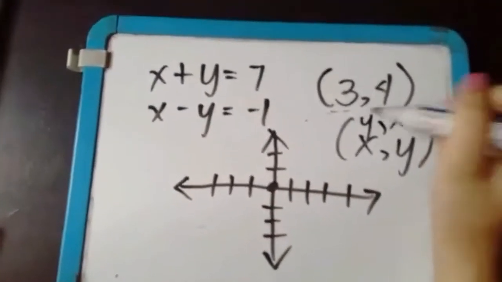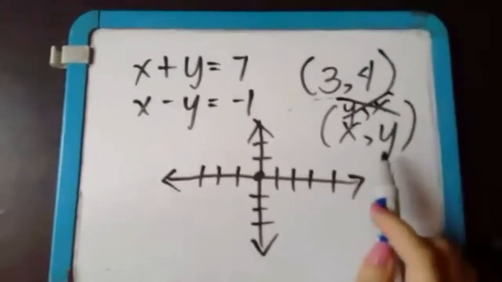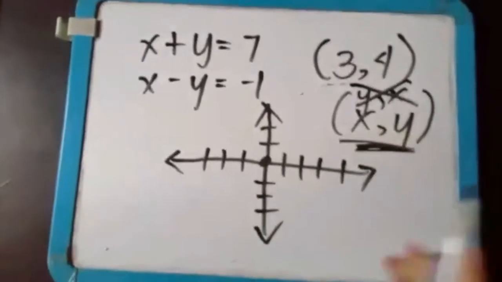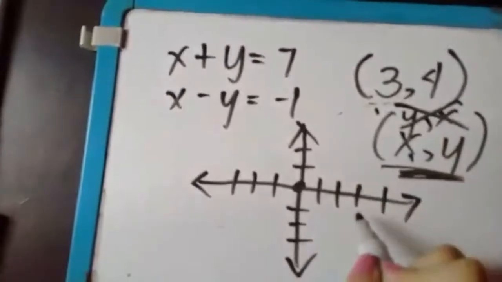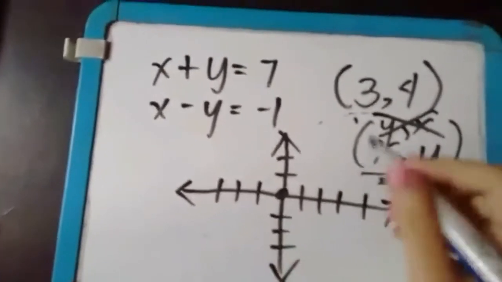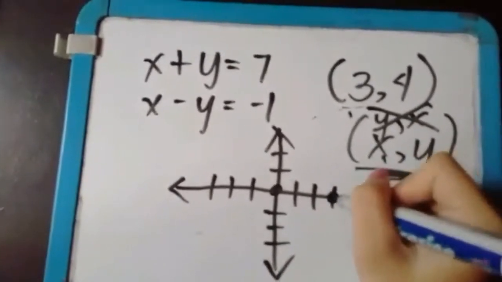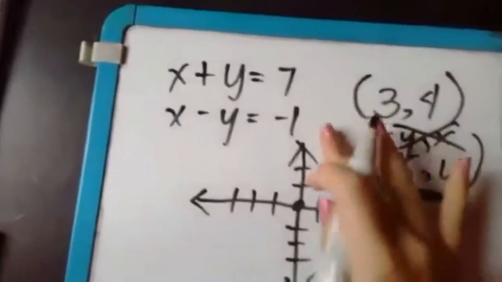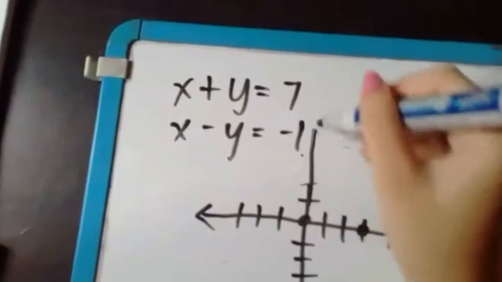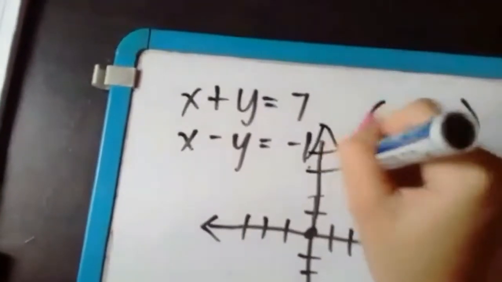It's wrong because we just have to follow this one because it is correct. So x is 3, and since it's positive, it's located here, and 4 is the y, which is located here, 1, 2, 3, 4.